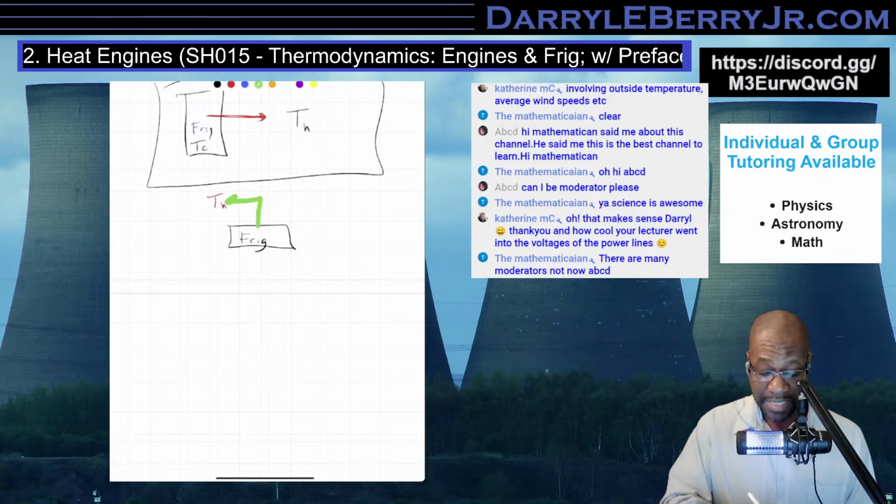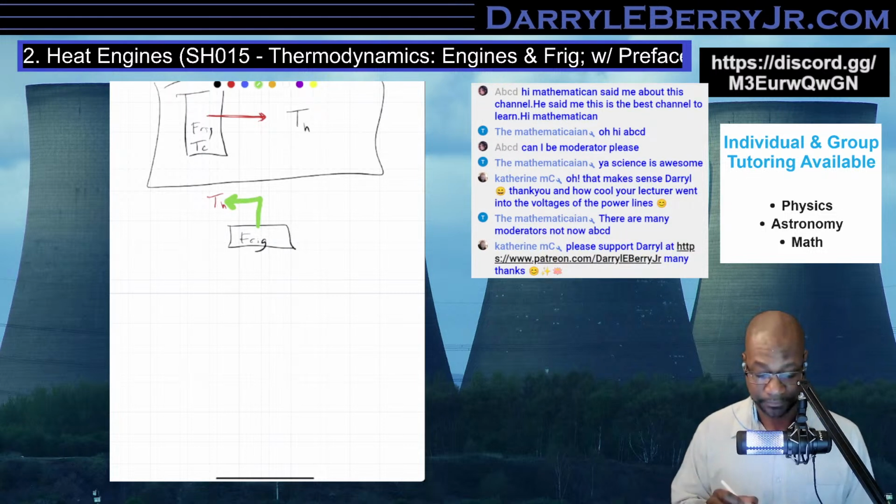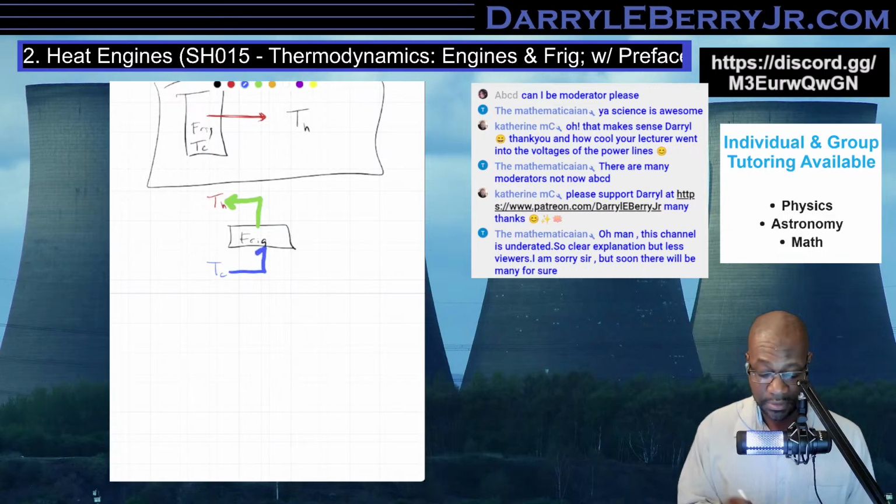So the engine is taking energy out of the cold reservoir and dumping it there. This is our cold reservoir, which is the refrigerator. And we're taking energy from the refrigerator with the engine.